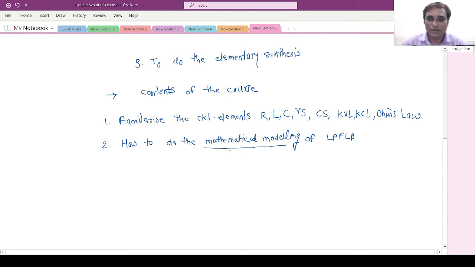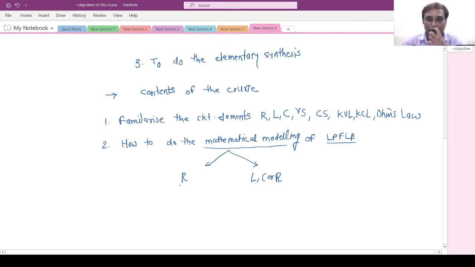When we do the mathematical modeling of this network, what we will observe is that in general this kind of network may consist of a circuit with only resistive elements, or the network may consist of inductors, capacitors in addition to resistors.